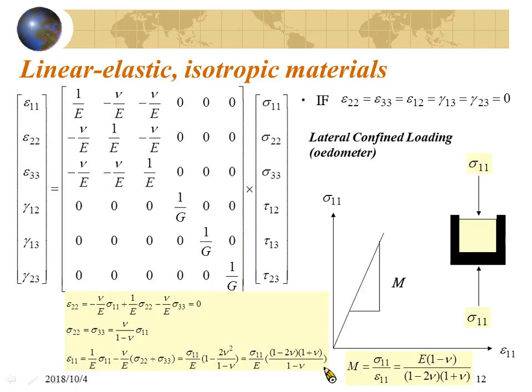Because you have a lateral stress, you will have a smaller vertical displacement. So that means you will have a steeper slope of this curve. It means M will be larger than E. The constraint modulus will be larger than Young's modulus.